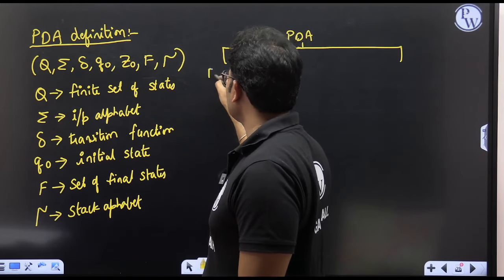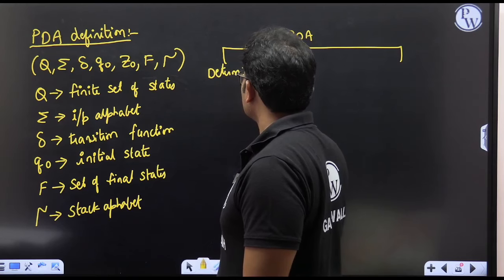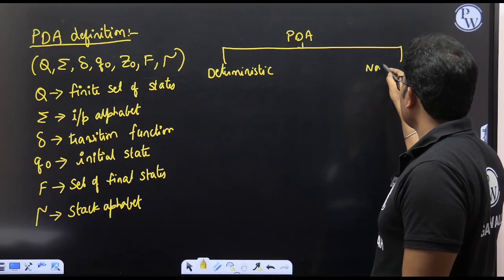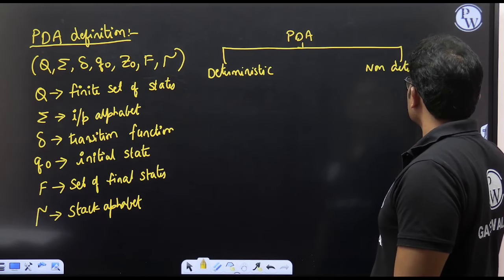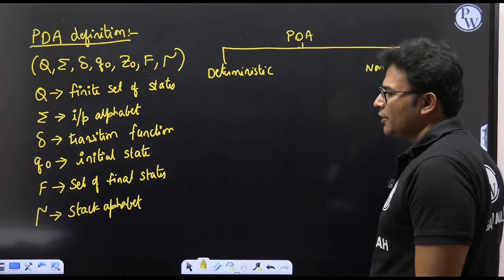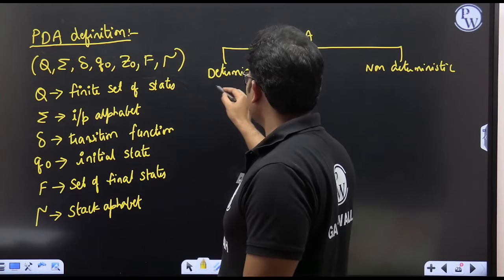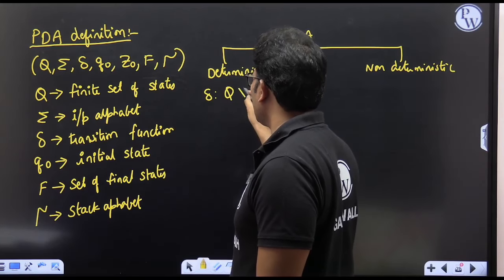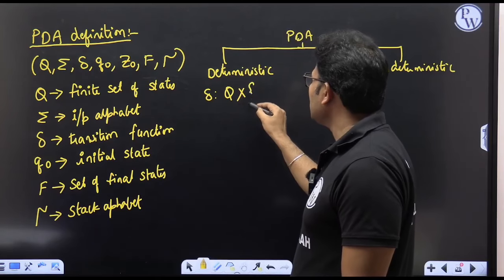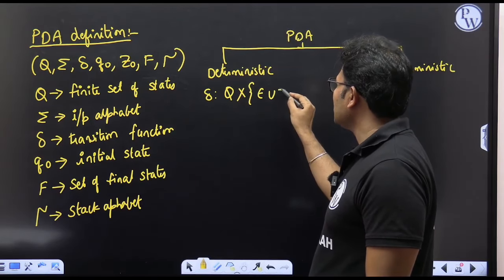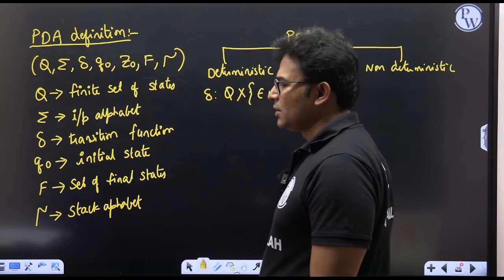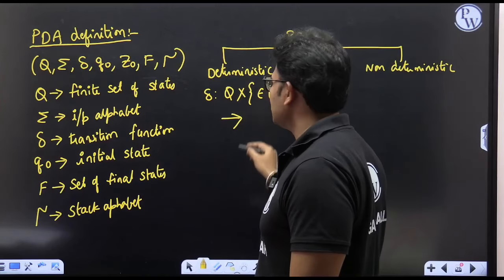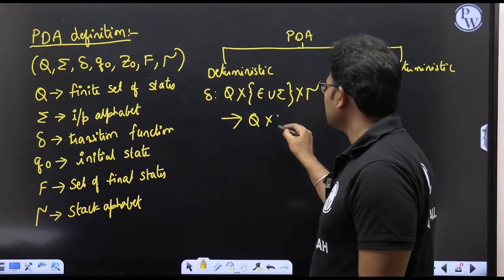One is deterministic pushdown automata, and the other one is non-deterministic pushdown automata. A deterministic pushdown automata, given a state, if I see epsilon union sigma, and I see some symbol on the top of the stack, I will go to exactly one state and I will push something on the stack.